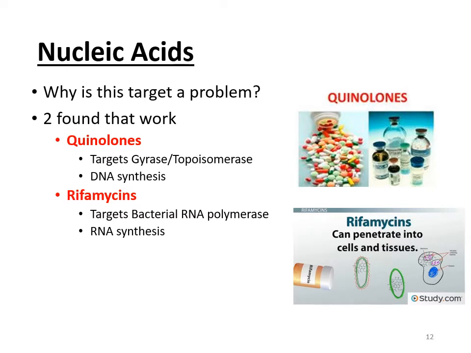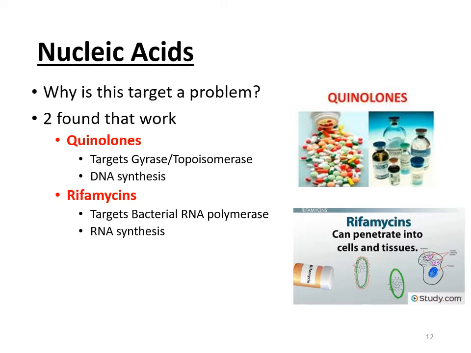The next option is to target nucleic acids. And like I said a few slides ago, I want you to put stars next to quinolones and rifamycin. And make sure anytime you hear those words or you see them in writing, right away think to yourself, these target nucleic acids, so either DNA or RNA. Now, instead of targeting the exact structures of DNA or RNA, since ours are identical, made up of the same A's and G's and C's, these guys target enzymes involved in the process.